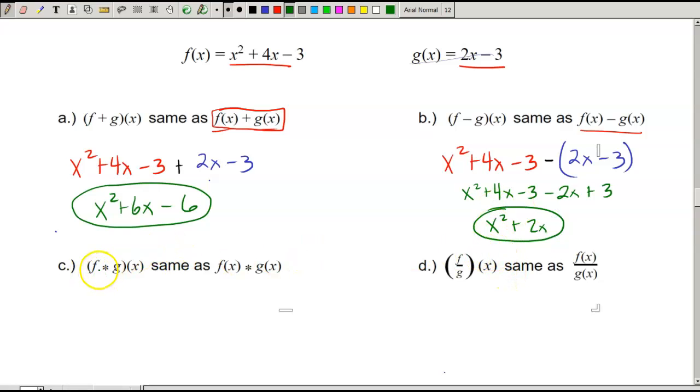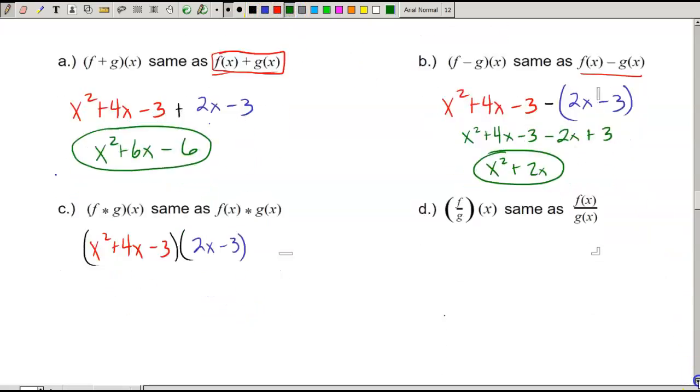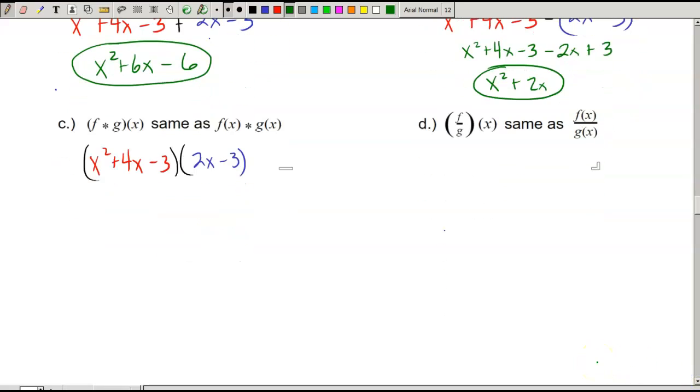Part C is f times g of x, or f of x times g of x. So this again goes back to chapter 5. If we take x squared plus 4x minus 3, and I'm going to multiply that by g of x, which is 2x minus 3, then I'm going to start multiplying here, and you can do that horizontally, vertically, or you could use a box method.